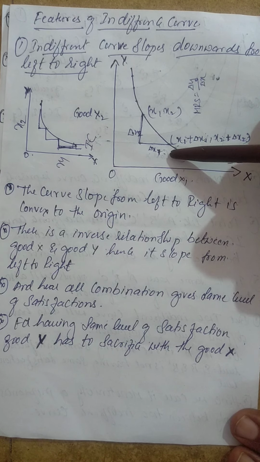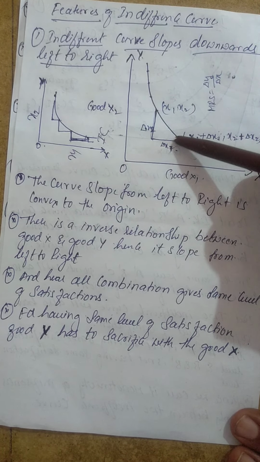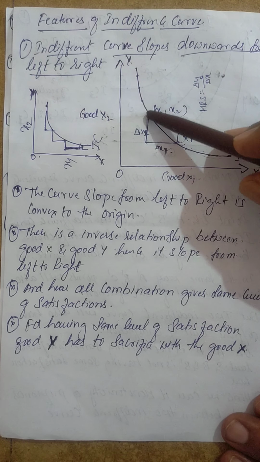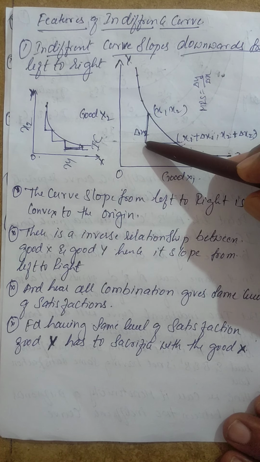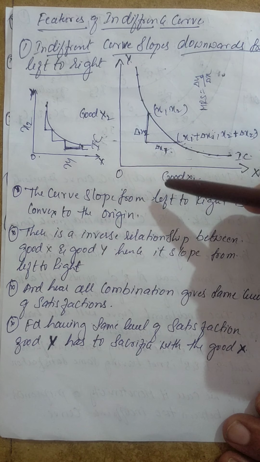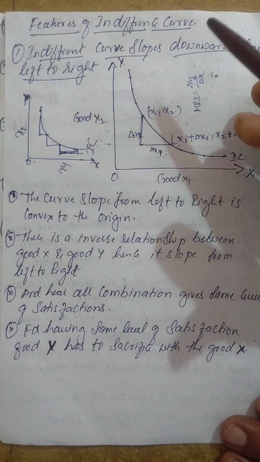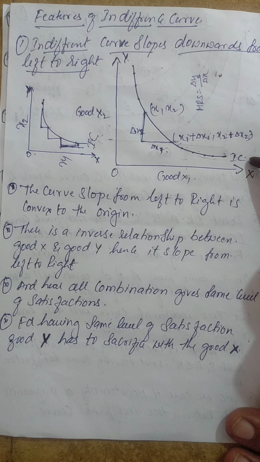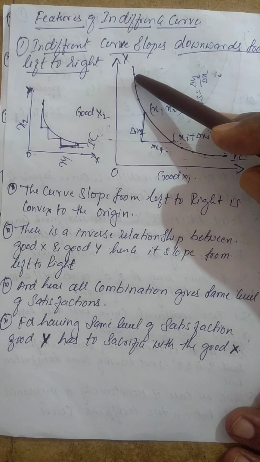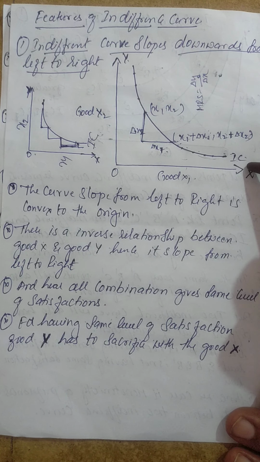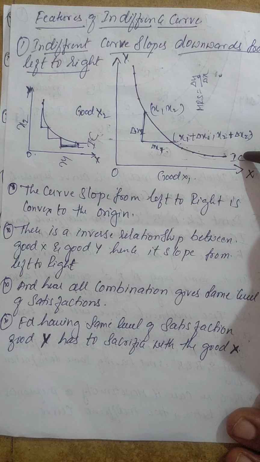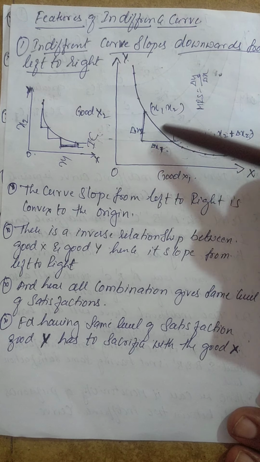As and when you purchase 1 unit of X good, you have to sacrifice 2 units of good 2. This sacrificing nature leads the curve to move downwards, from upward to downward. That is the main reason we say the curve slopes downwards from left to right.